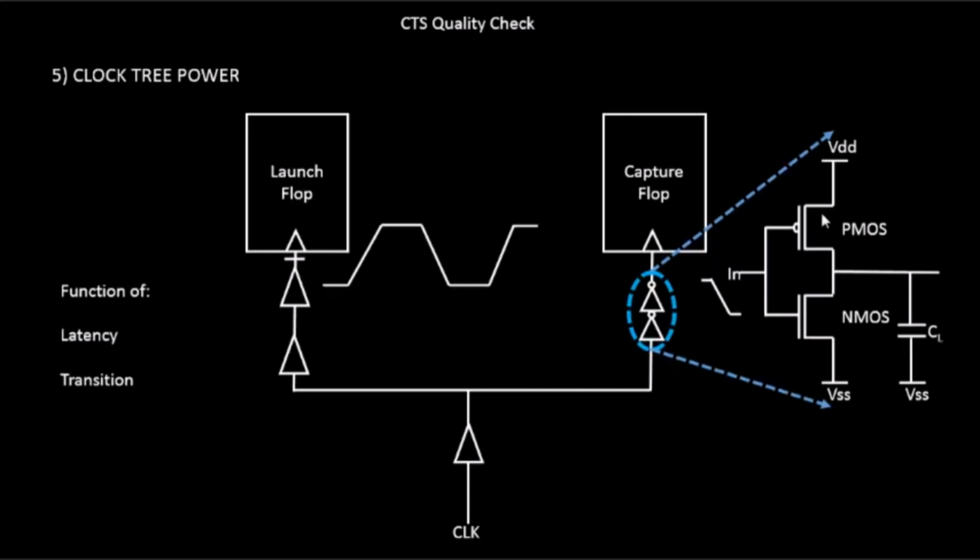If you see a small dot over here on the PMOS, it says that it accepts inverted logic. The NMOS is a direct connection, which means when there is a logic 1 over here, NMOS turns on. When there is a logic 0 over here, your PMOS turns on.